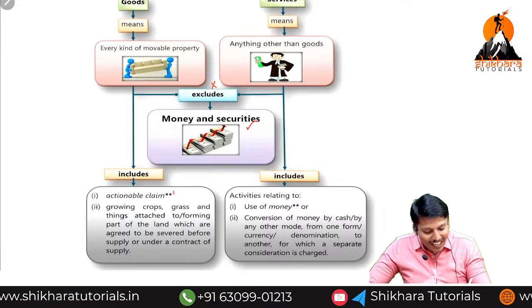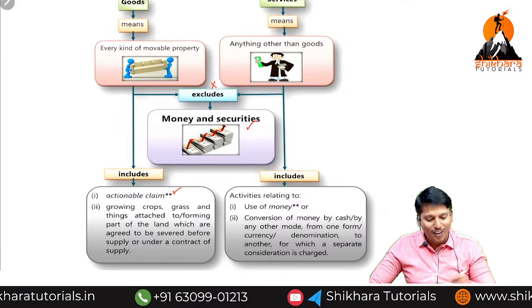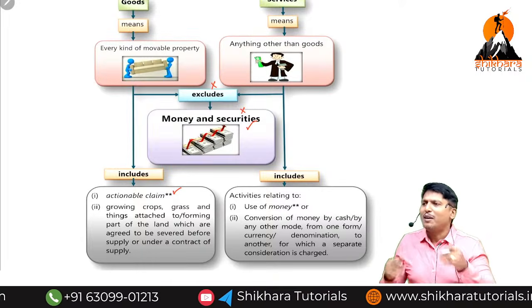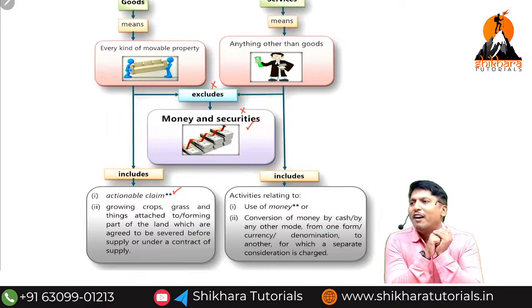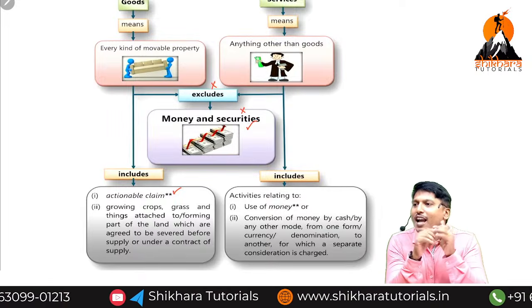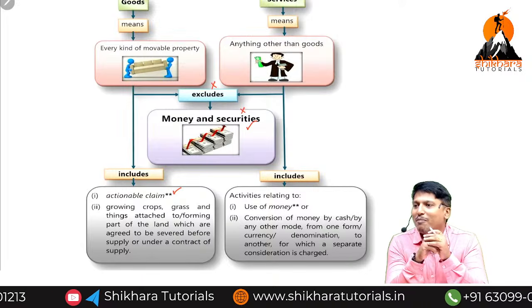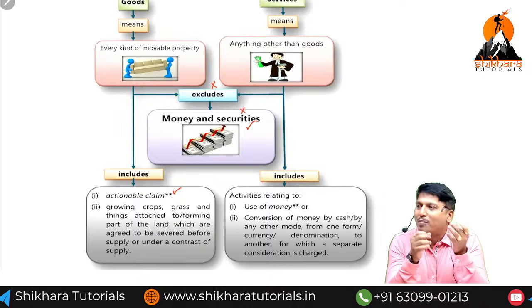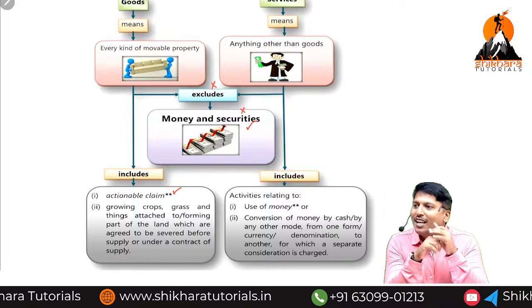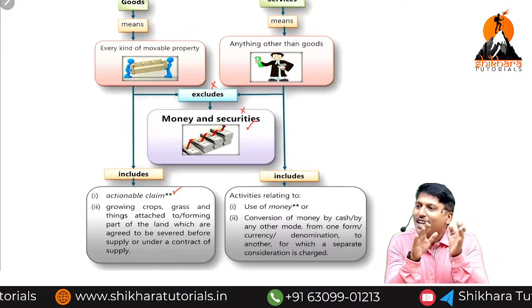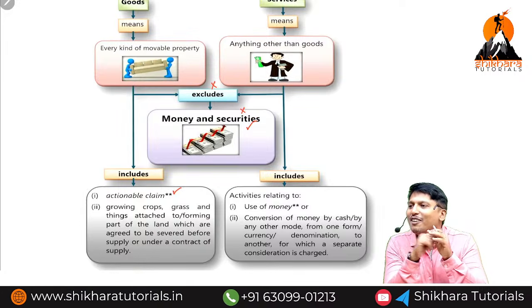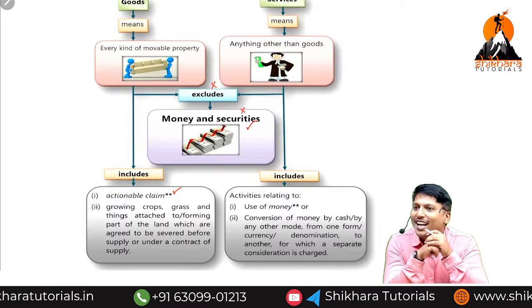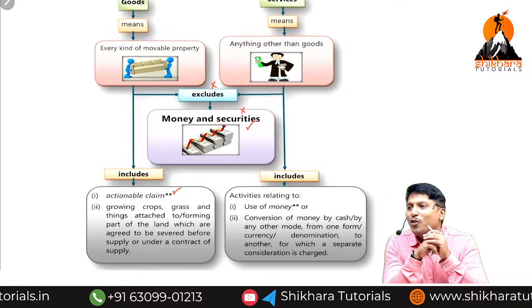In GST, actionable claims are included and securities are excluded. The rest of the definition is the same. If you see the Sale of Goods Act, it is every kind of movable property other than actionable claims and money, and it includes stock, shares, grass, growing crops, and things attached to or forming part of land which are agreed to be severed before sale. Here also it is the same, but what is the difference? Here actionable claims are included, securities excluded.